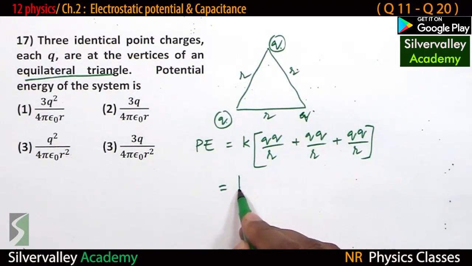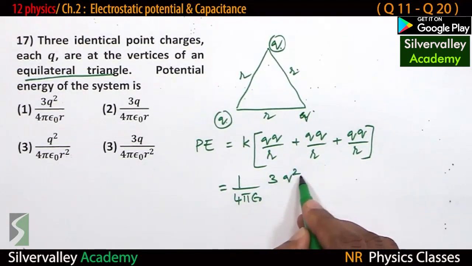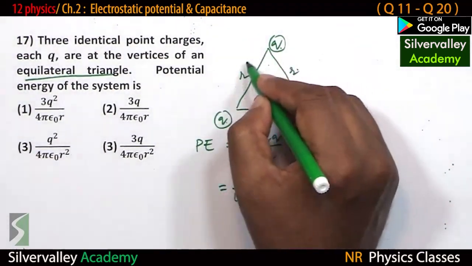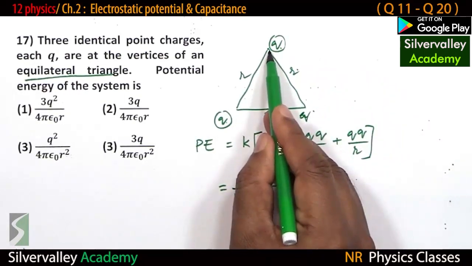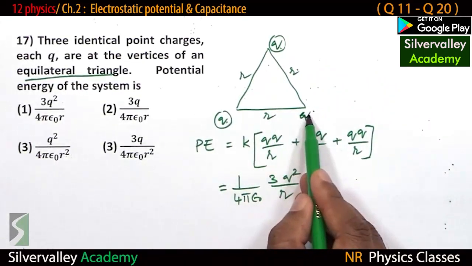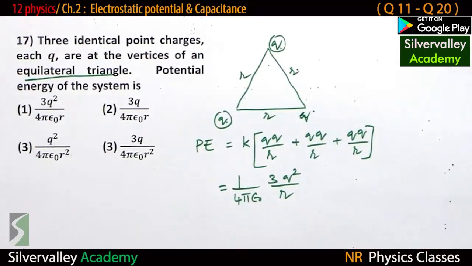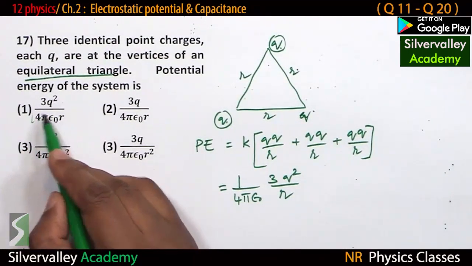Therefore constant, 1 by 4 pi epsilon naught, 3 Q square by R. This is the potential energy of a system of 3 charges which are equidistant from each other, meaning they are at the vertices of an equilateral triangle. 1 by 4 pi epsilon naught, 3 Q square by R.